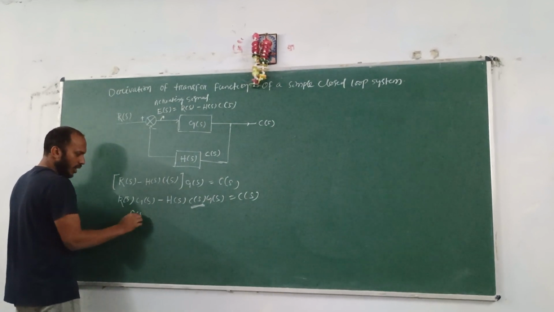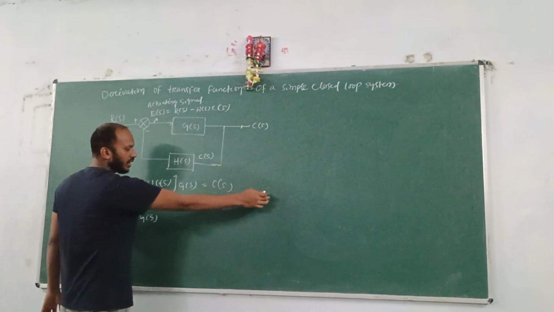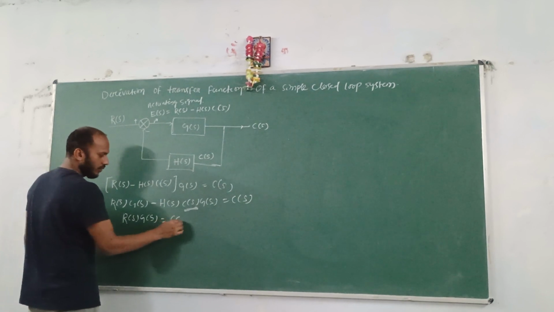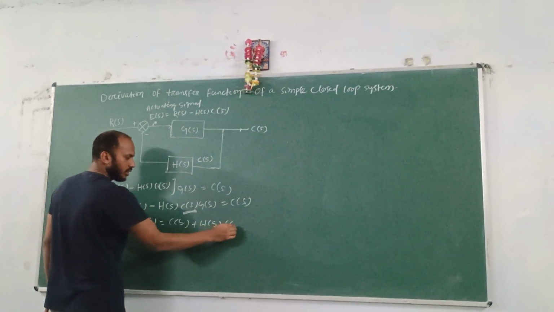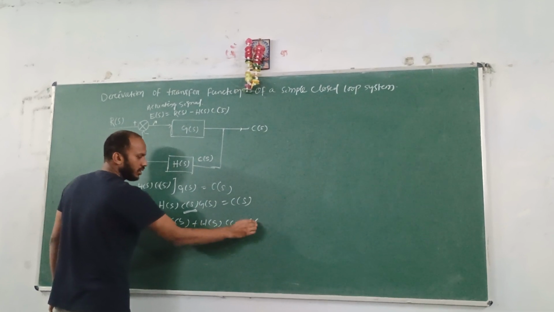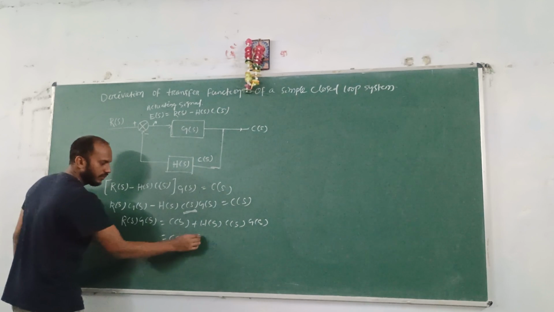We can write R(S) into G(S). The negative term, when it comes to this side, becomes positive: C(S) plus H(S) into C(S) into G(S). Now we can take the term C(S) out of it.